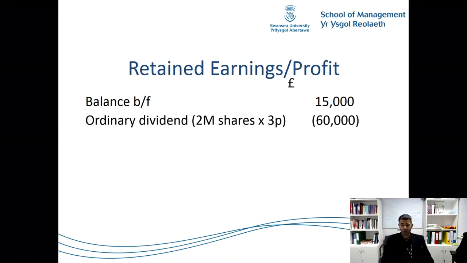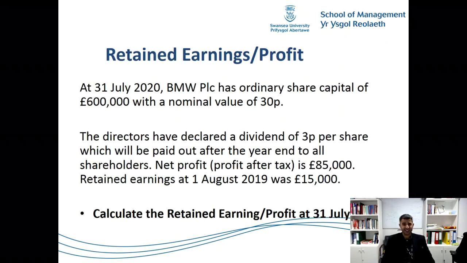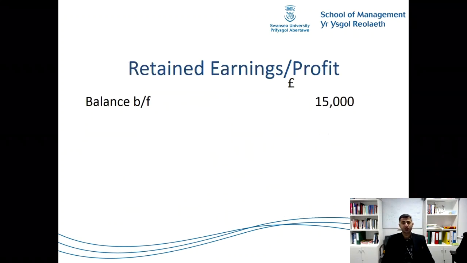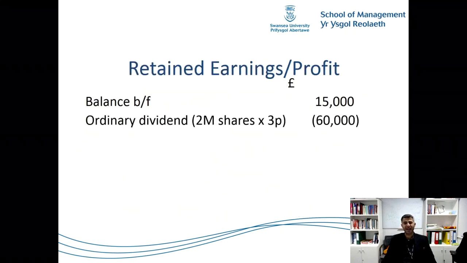Remember, I said you need to calculate the number of shares, because the question mentioned the £600,000 share capital but didn't mention the number of shares. So the £600,000 divided by 30 pence, the nominal value, comes to 2 million shares. So 2 million shares times 3 pence per share, 0.03, equals £60,000.